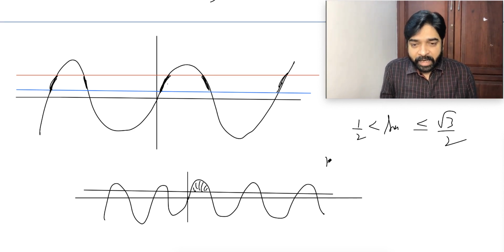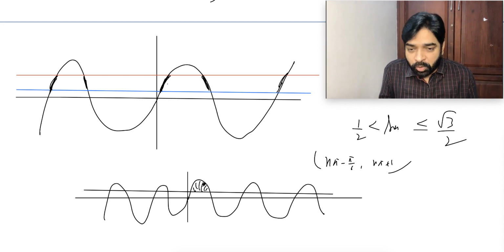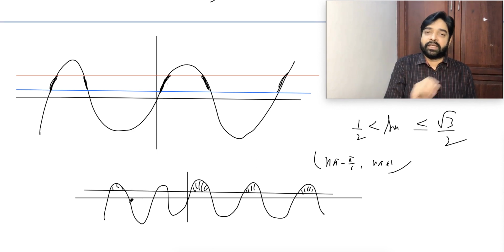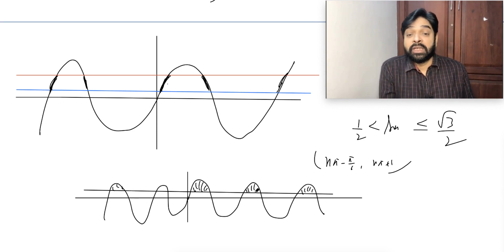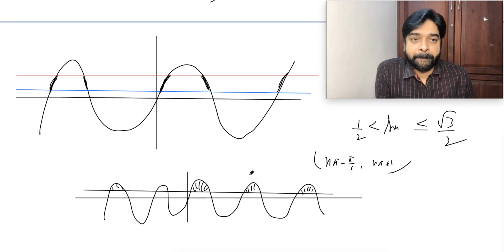Means when you write the answer n pi minus pi by 6 to n pi plus pi by 6, this will include this answer also, and this one also. Every answer is included because all having the same shape, same graph is there.